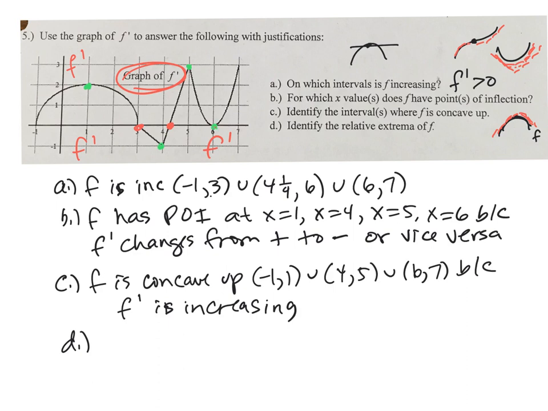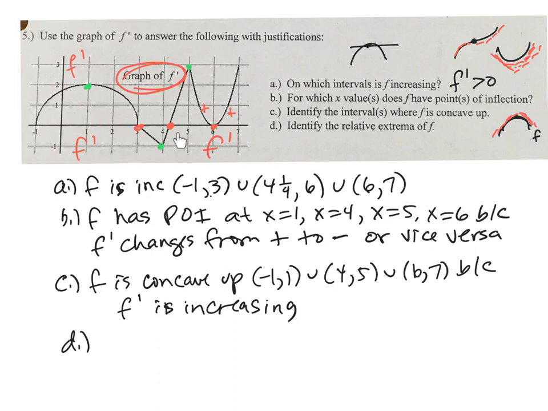Now there's a 0 here, okay, but notice that f prime is positive to the left of that 0 and positive to the right of that 0. So that's not a relative min or max, that's just a change in concavity because f prime changed from decreasing to increasing. But it's not a max. So we only have one relative max, and the relative max would be where f prime changes from positive to negative.